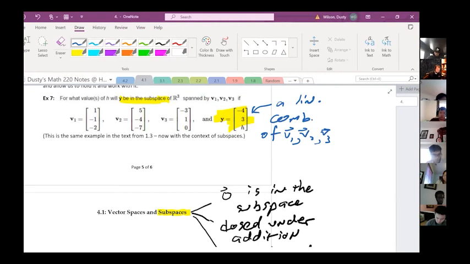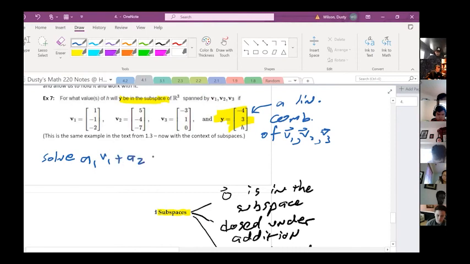So how do we do that? We've done it a whole bunch of times. This would be like saying we need to solve A1 V1 plus A2 V2 plus A3 V3 equal to Y. What this means is that Y is a linear combination of V1, V2, V3.